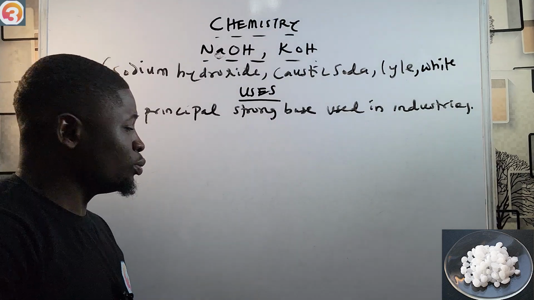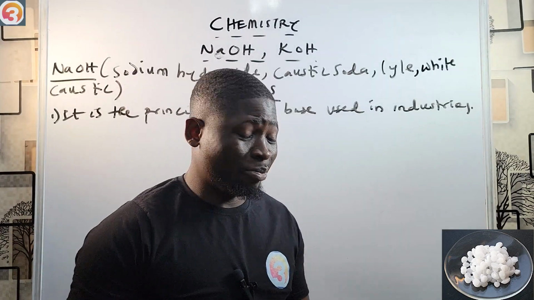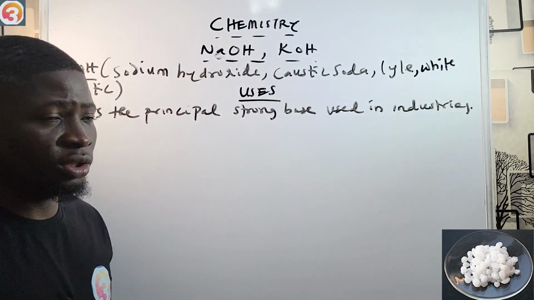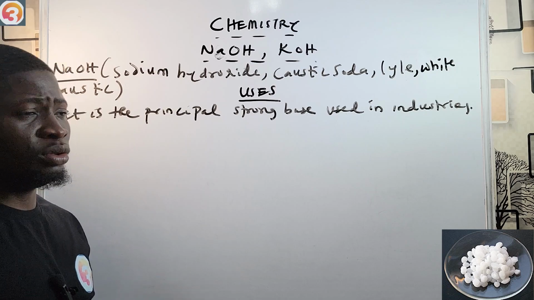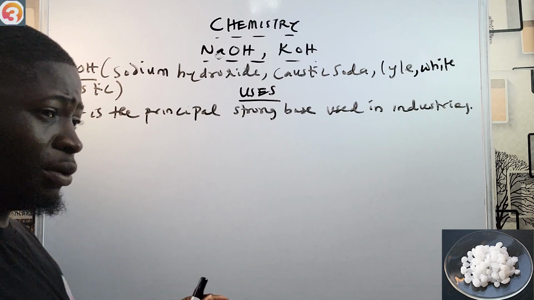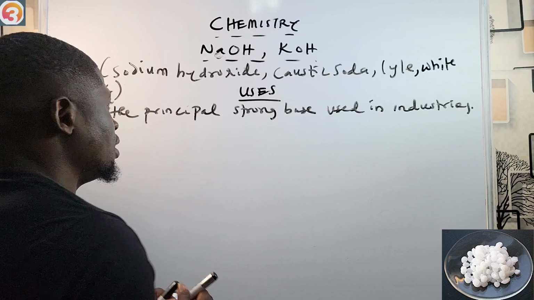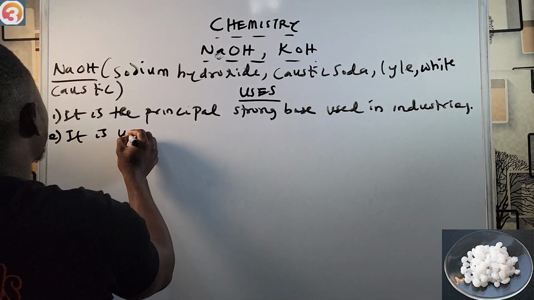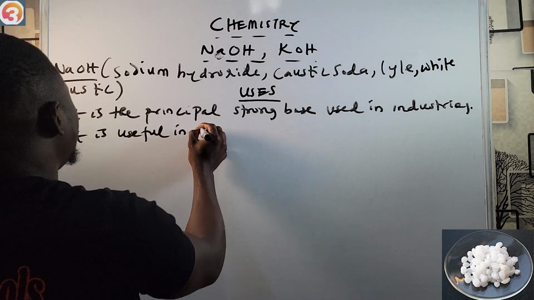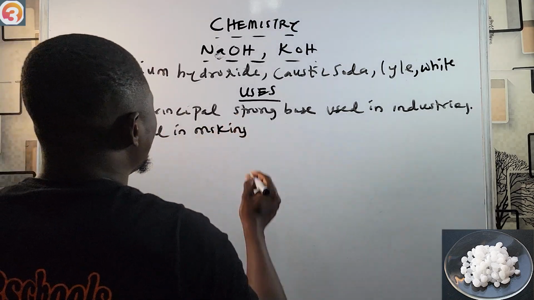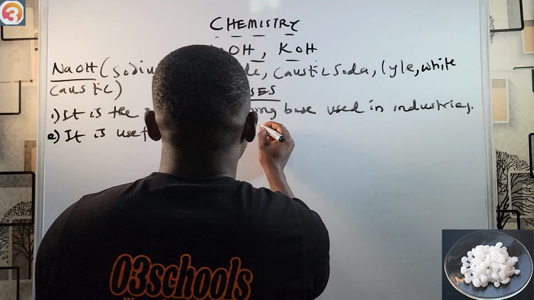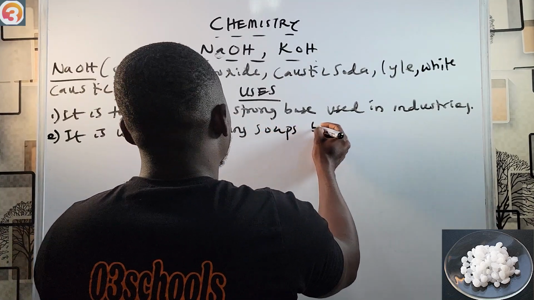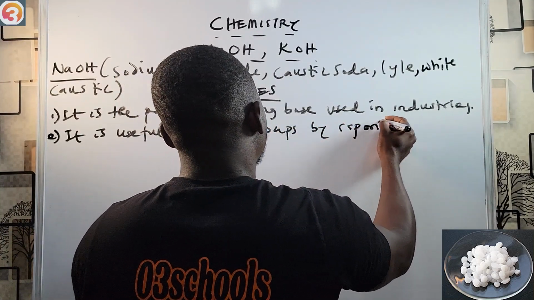It is very much widely used in industry. It is also used for making soaps in the saponification reaction. So it is useful in the manufacture of soap, making soaps by saponification.